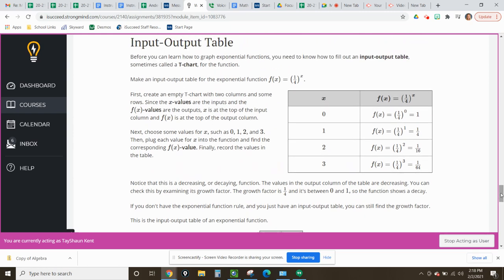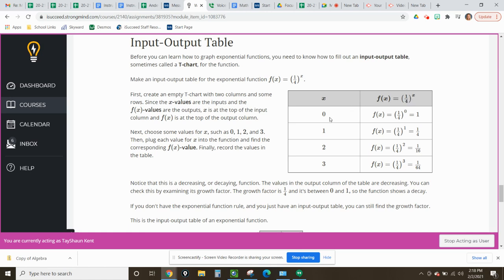Input-output table. Before you can learn how to graph exponential functions, you need to know how to fill out an input-output table, sometimes called a T-chart. Make an input-output table for this function. F of x equals 1/4 to the x. Okay, so they did this for you. We have our input, we have our output. We've done that already in the course, but now we're dealing with something tougher, a fraction raised to an exponent.